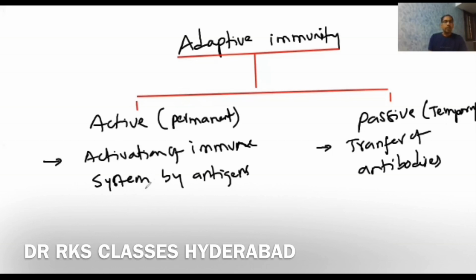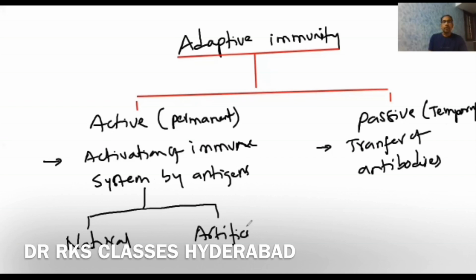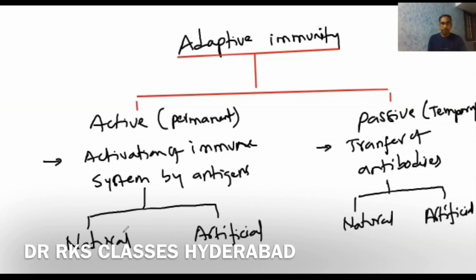Next, active immunity is of two types, natural and artificial. On the other side, passive is also of two types, natural and artificial.